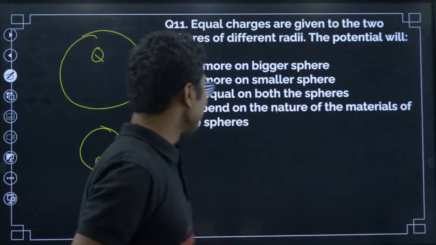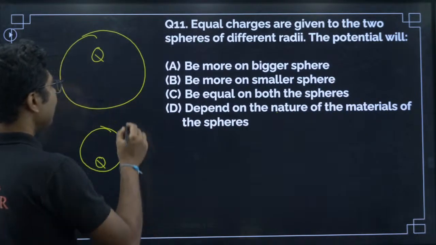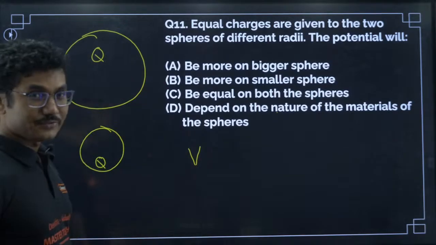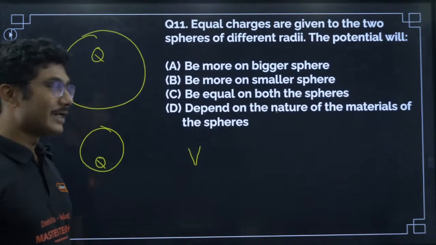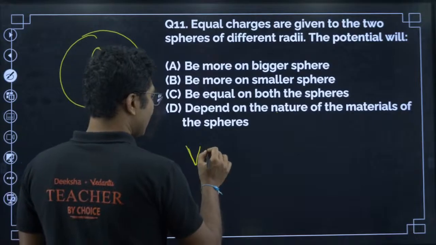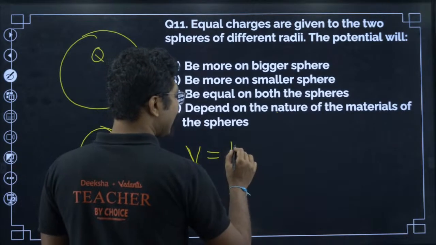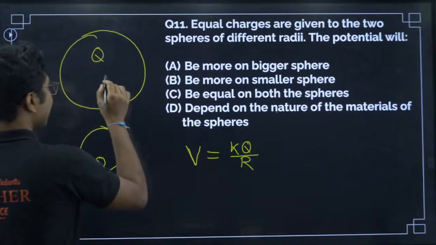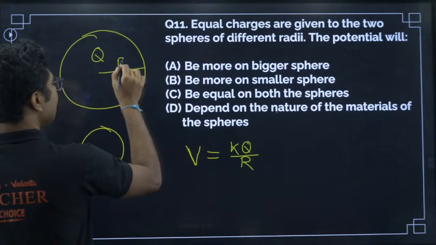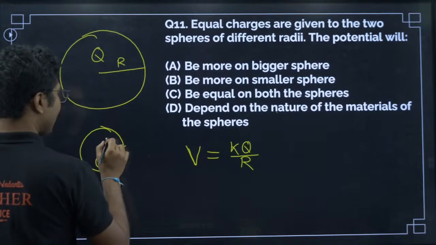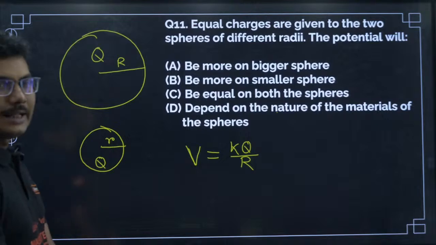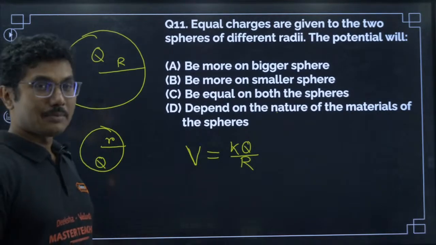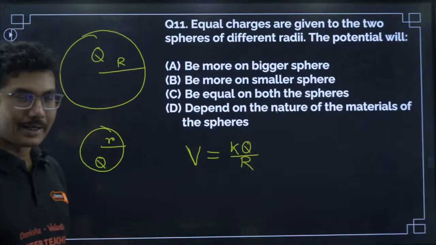Okay, let's see. If you remember the formula for electric potential on the surface of a sphere, we have done that. We have calculated it, right? So electric potential is given by KQ by R. The electric field is KQ by R square, and the electric potential is KQ by R, right.